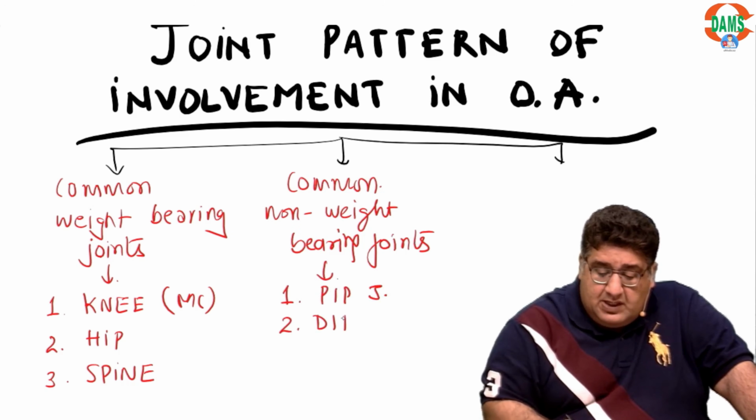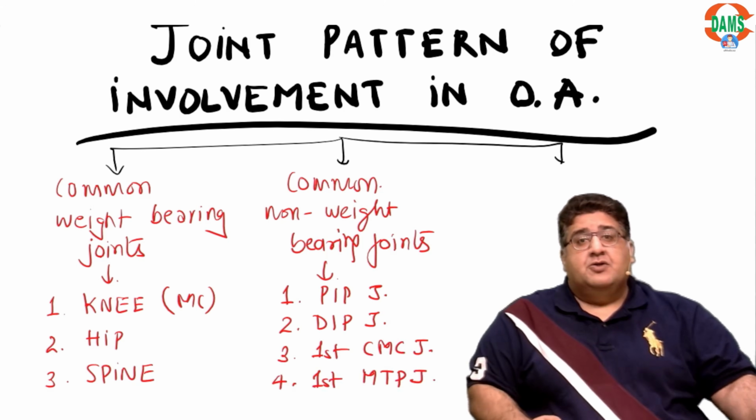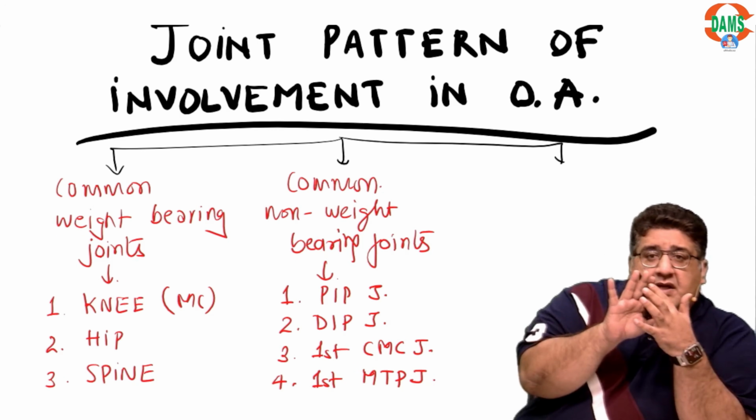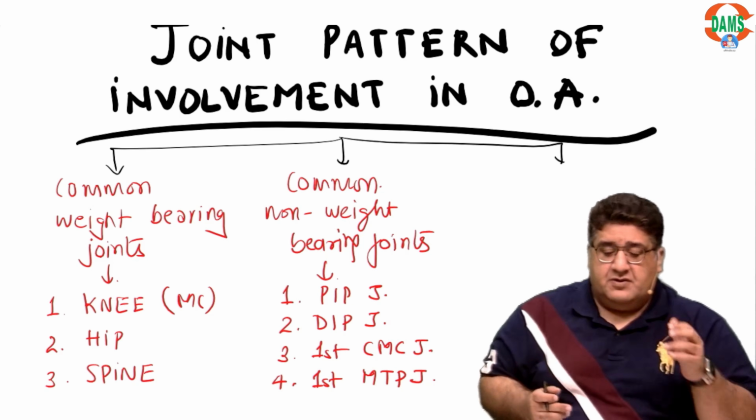Number two, the distal interphalangeal joint. Number three, the first carpometacarpal joint. Number four, the first metatarsophalangeal joint. So technically there are four non-weight bearing joints: PIP, DIP, first CMC, and in the foot, first metatarsophalangeal joint.